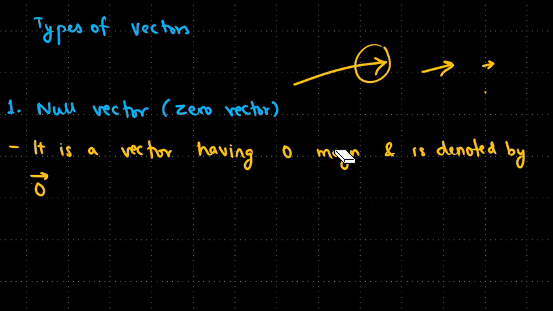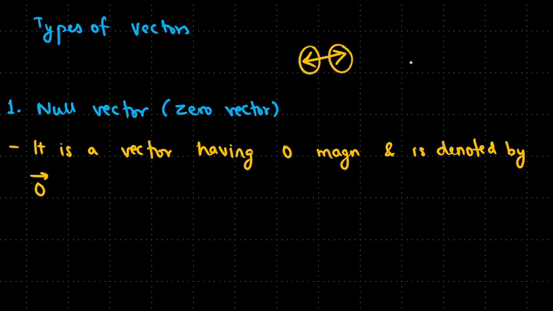So if it does not have a magnitude, how can you say what the direction is? If I had an arrow, I could have kept the arrowhead over here or over here. So there are two direction possibilities if I have a line. But if I have a point, you can think of zero magnitude as a point, where would you keep the arrow? You can keep it over here or here or here.